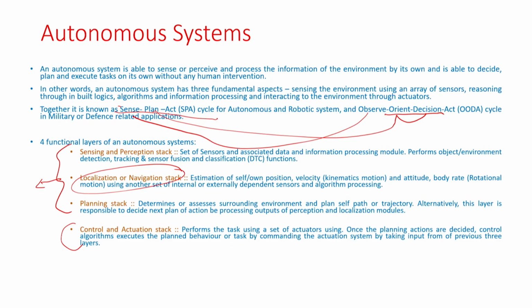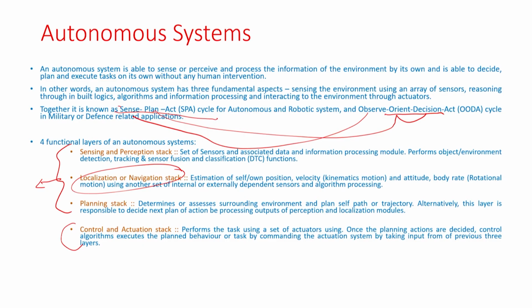What is navigation? Navigation or localization means I want to gather information about myself. I want to know my position, my velocity, and my attitude or orientation, how I am oriented with respect to a global coordinate system. This is very important. Without this, we cannot process any sensing information, because radar gives me range.